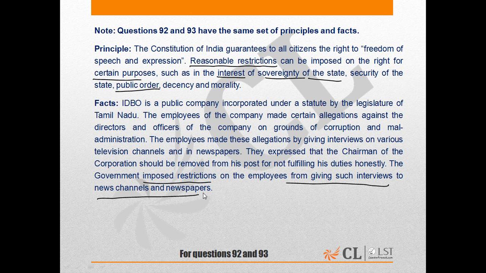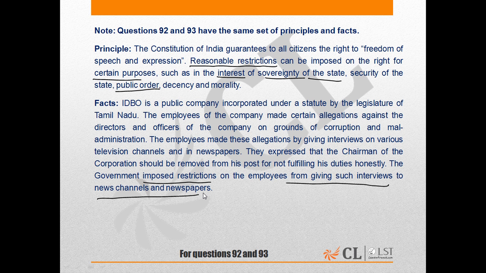So merely by giving interviews, the entire shares and all the functioning of this company would be in disturbance. So there will be a public disorder and the reputation of the company will also be harmed because of such an interview.